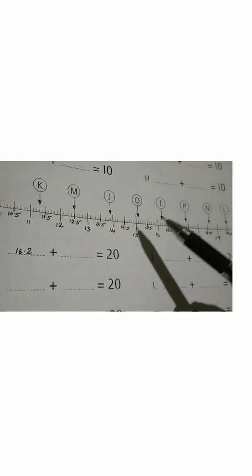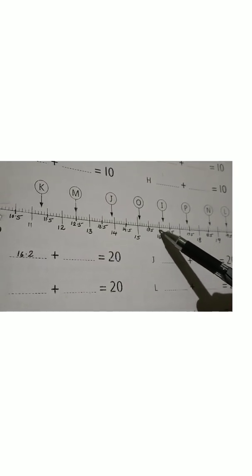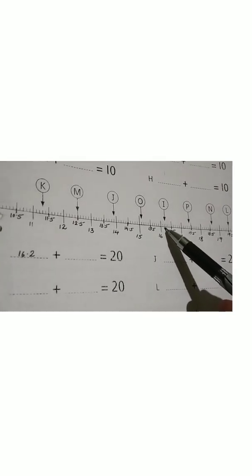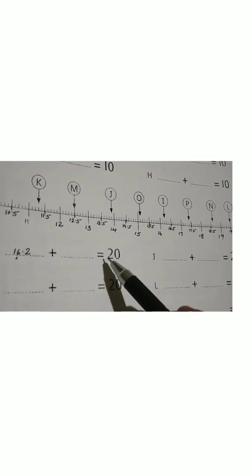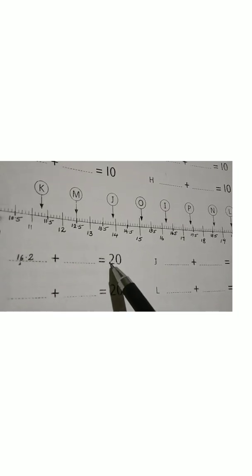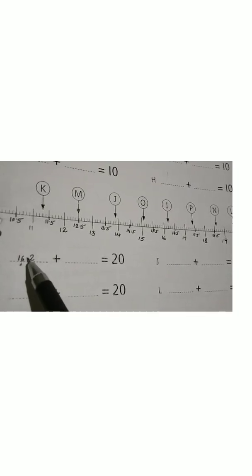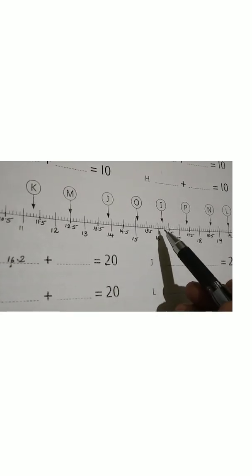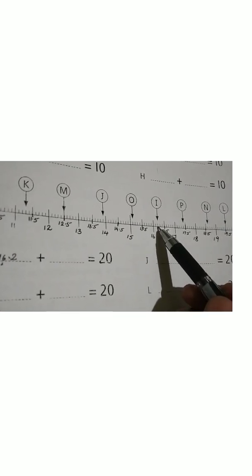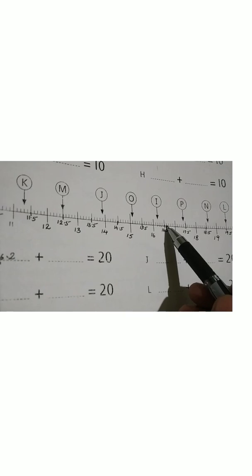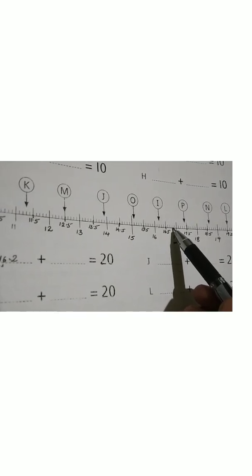Here the letter I stands, I is here. Here 16. Then 16 plus 2, 16.2. So here we can write 16.2. Which number will we need to add to get 20? Here 0.2. So 16.2. Then we have to reach 17. Then 0.2, then 1, 2, 3, 4, 5, 6, 7, 8.